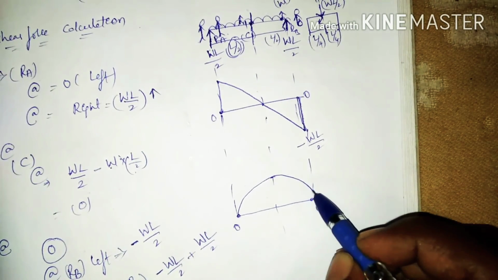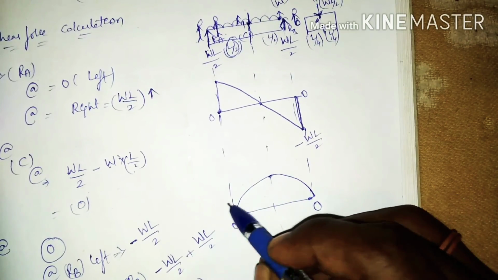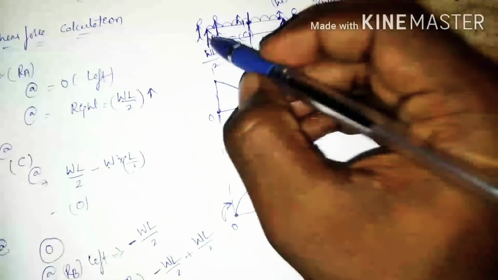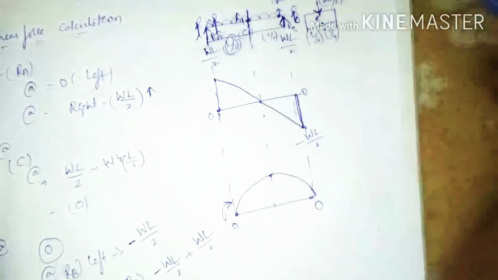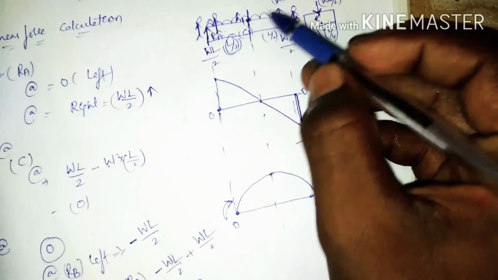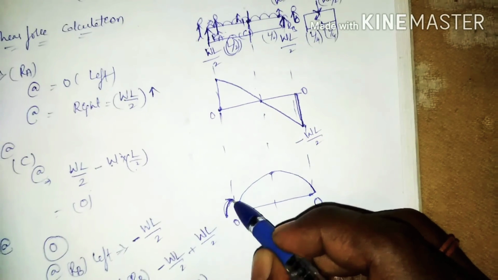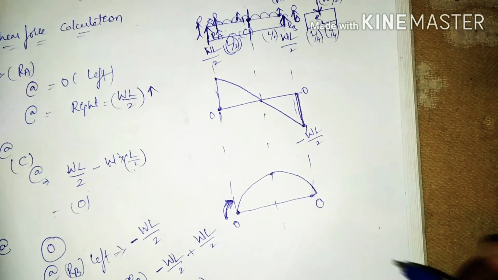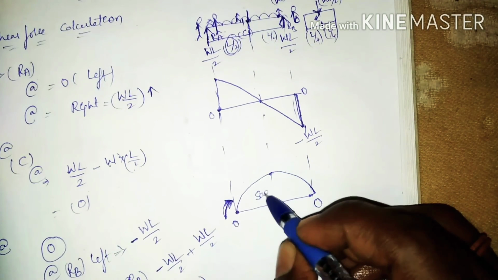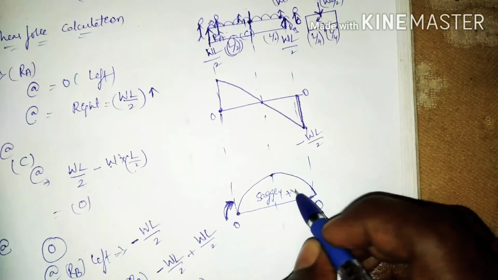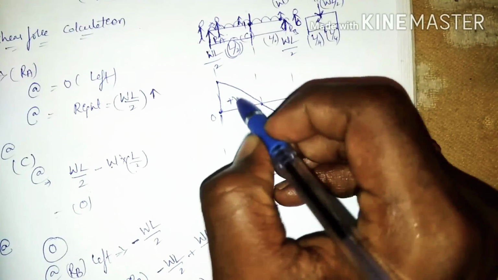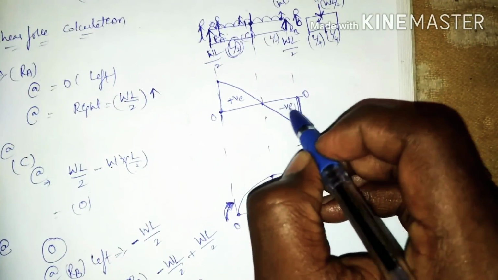It should be a sagging moment, because one support is taking the moment in clockwise direction and the other support is taking it in anti-clockwise direction. If a beam has one support clockwise and another anti-clockwise, then it is sagging, that is positive bending moment. Here this is positive and this is negative.